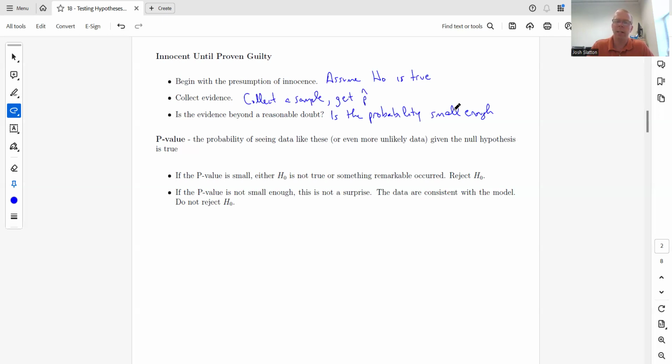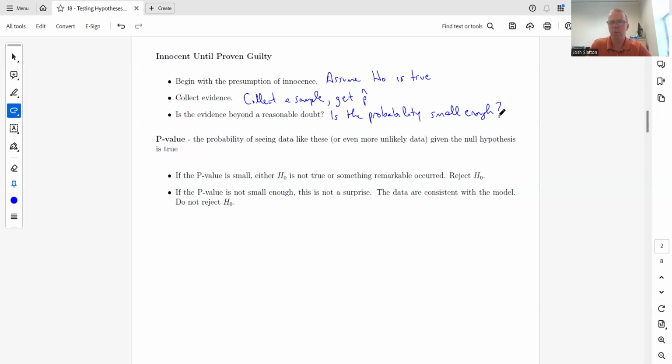Let's say they find you have money in your car, you were in the vicinity of the bank when the robbery happened, and you have a mask, a gun, all these other incriminating things. What the probability is saying, or is the evidence beyond a reasonable doubt, is: if you are in fact innocent, what's the probability that all of those other things would be true? That's what this probability is looking at.